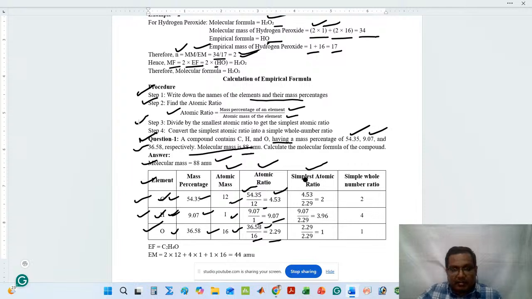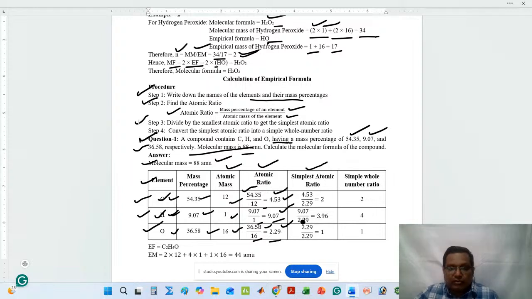This can be obtained by using the smallest atomic ratio. There are three atomic ratios present. One is 4.53, another is 9.07, next is 2.29. Among the three values, 2.29 is the smallest atomic ratio.